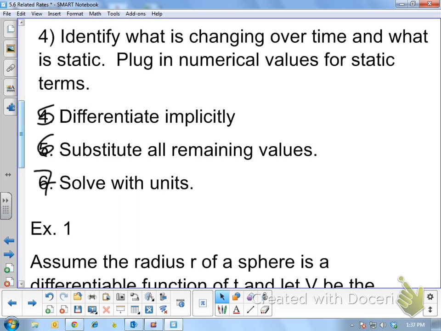Usually we're looking for one variable, and we're actually looking for a numerical value with that variable. I want to make sure everyone has this written down before I go down to the example.